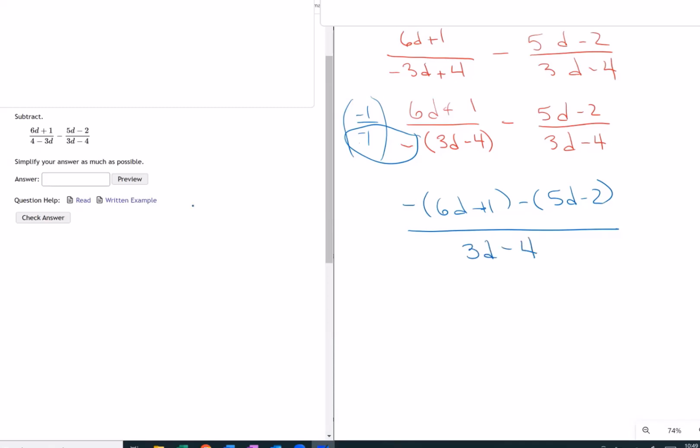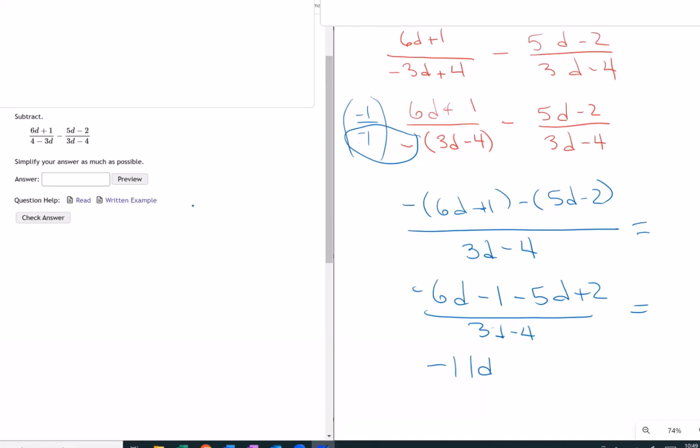I have a lot of sign changes in the numerator, so let's get it right. Minus 6d minus 1 minus 5d plus 2 divided by 3d minus 4. That equals minus 6d minus 5d is minus 11d.